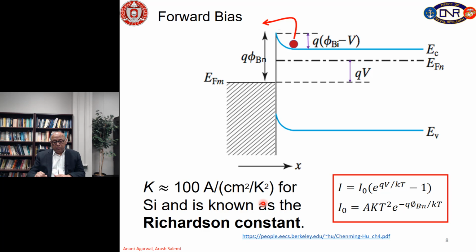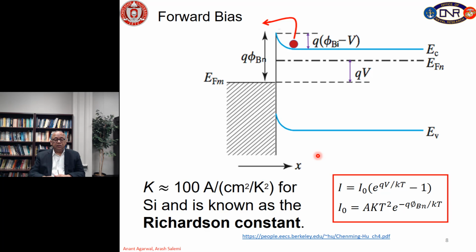So, now supposing we apply a forward voltage across the diode, that means we bias the metal with positive voltage with respect to the semiconductor.